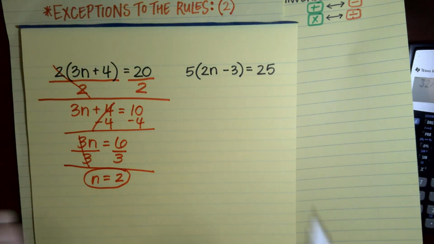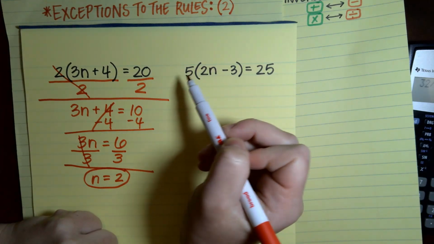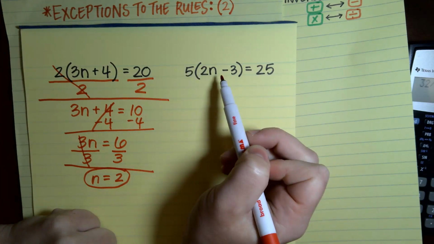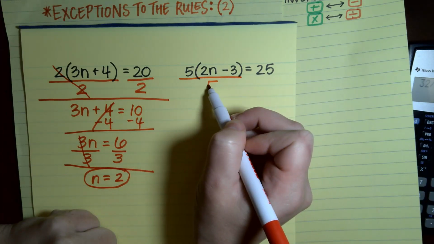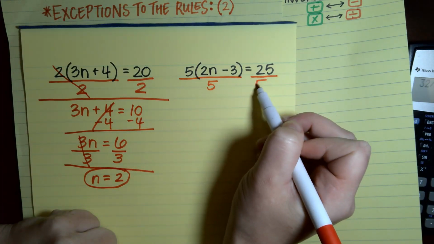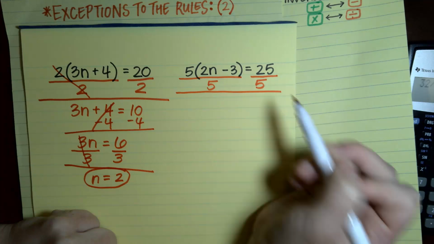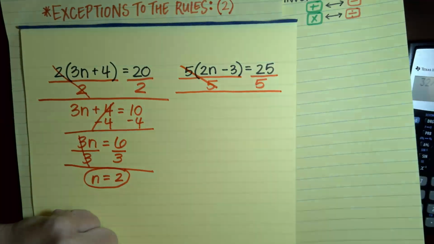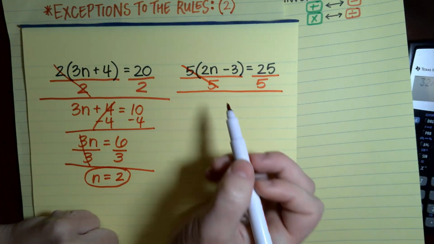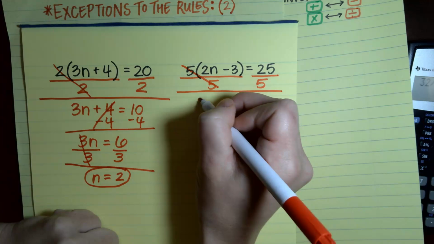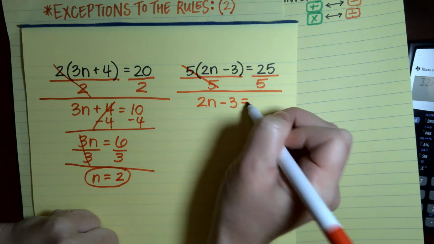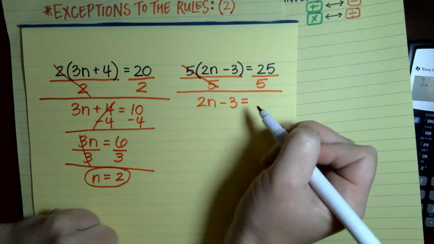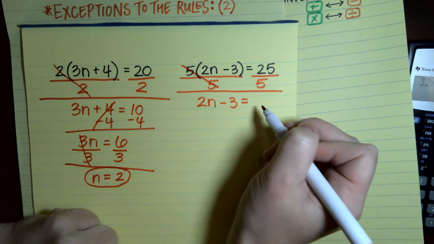Divide by 5. Because what's happening here is I'm taking 5 times all of this. To get rid of multiplication, I divide. Got to do it on both sides. My 5's would cancel. And then I'm left on this side with 2n minus 3 equals, what is 25 divided by 5? 5.